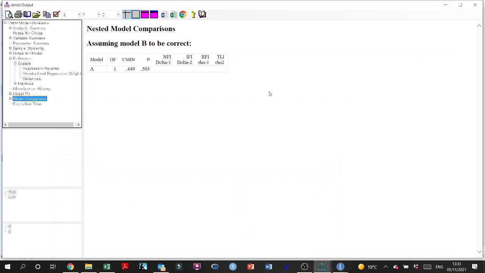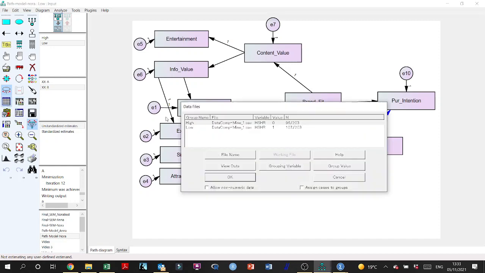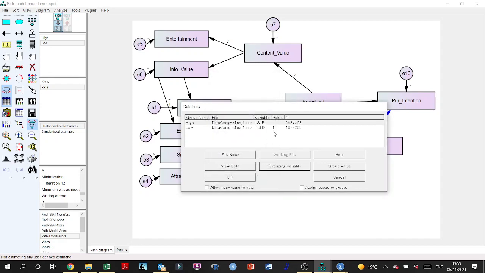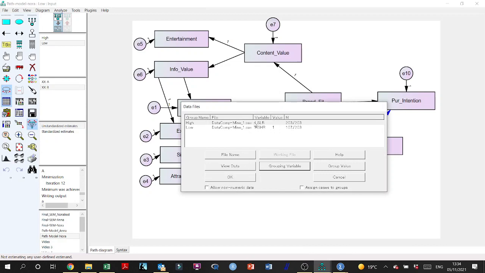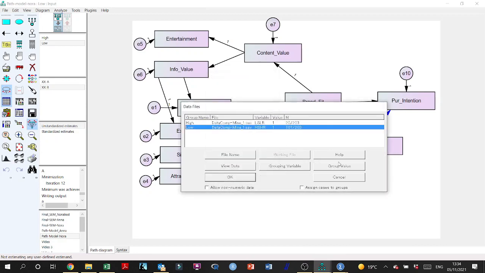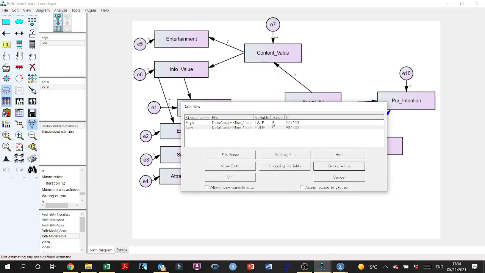Now I am looking forward to seeing what's going to happen if I select the grouping to be low, low, and over here this is the high and this is the low. By the way, I may have made a mistake. Oh my goodness, I did make a mistake.